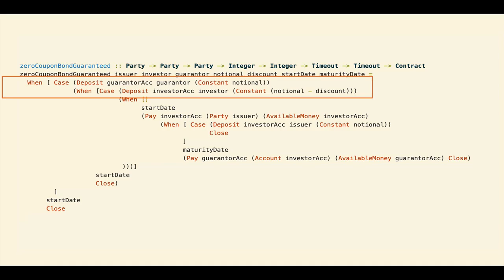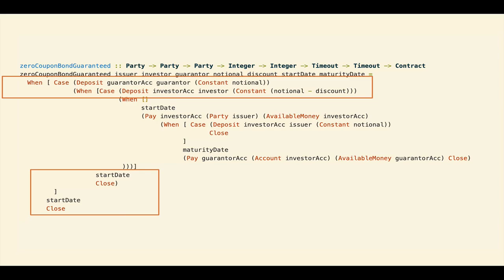Now, if either of these fails to happen, we simply close the contract down. In the case of the guarantor not doing anything, there's nothing to close down. If the guarantor has put money into the contract, but the investor has not, what the close does is refund the guarantor's money from their account.